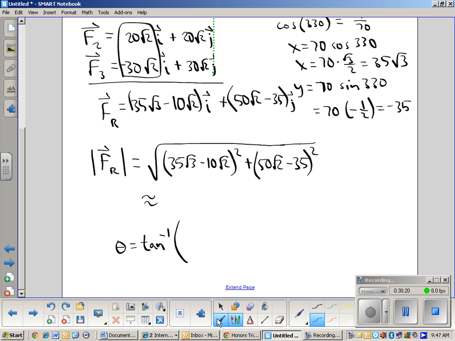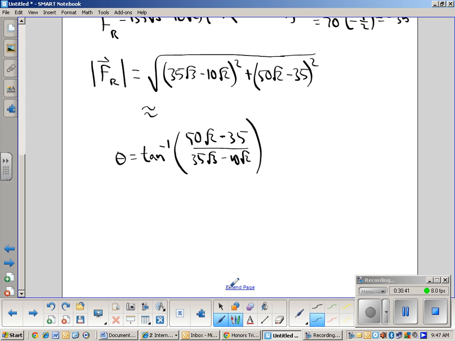It's sine over cosine. Okay? And so the sine, the y, was 50 square root of 2 minus 35. And the x is 35 square root of 3 minus 10 square root of 2. And I don't know what kind of answer that's going to be.